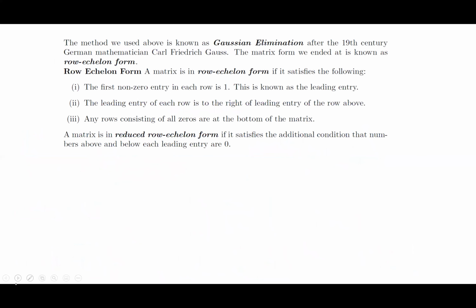Okay, what we just did has a fancy name. It's called Gaussian elimination after a 19th century German mathematician. Okay, famous, one of the most famous mathematicians. And what we did was we turned that matrix into what's known as row echelon form. The first non-zero entry is 1, which is known as the leading entry. Each leading entry of each row is to the right of the leading entry of the row above.